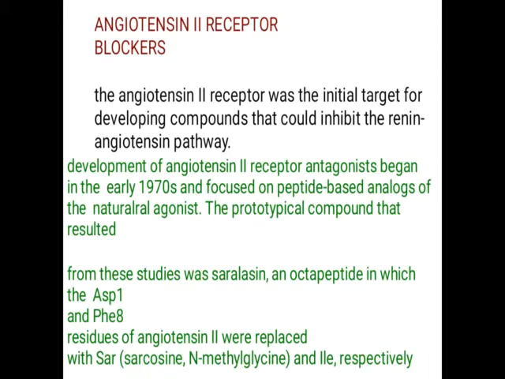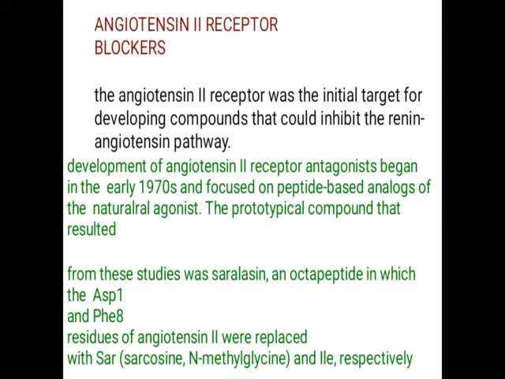So here, which is the substrate? The substrate is angiotensin 2. Which is the receptor? Angiotensin 2 receptor. Right? So the drug should have the complementary groups which relate to the angiotensin 2 receptor. Then only can they bind to the receptor and block it.